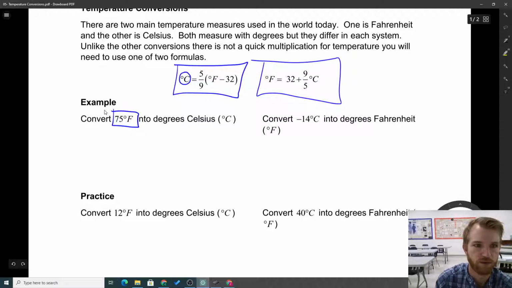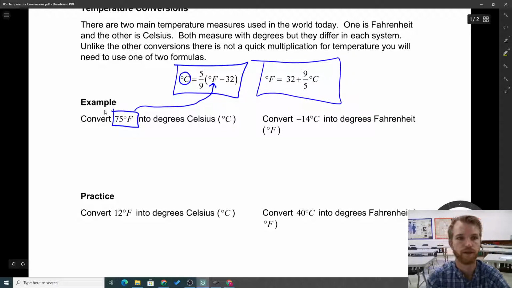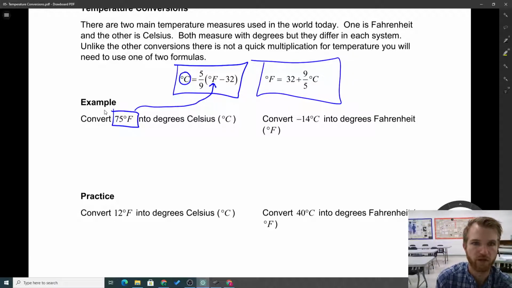We take whatever we have for Fahrenheit and plug it in right here, then put this into our calculator and it gives us our answer. When you're looking for your answer to be Celsius, you pick the one that has degrees Celsius here. When you are looking for your answer to be degrees Fahrenheit, you pick the one that has degrees Fahrenheit here.